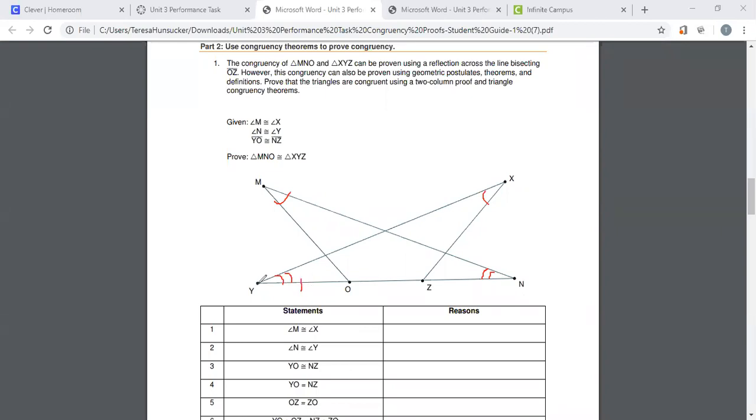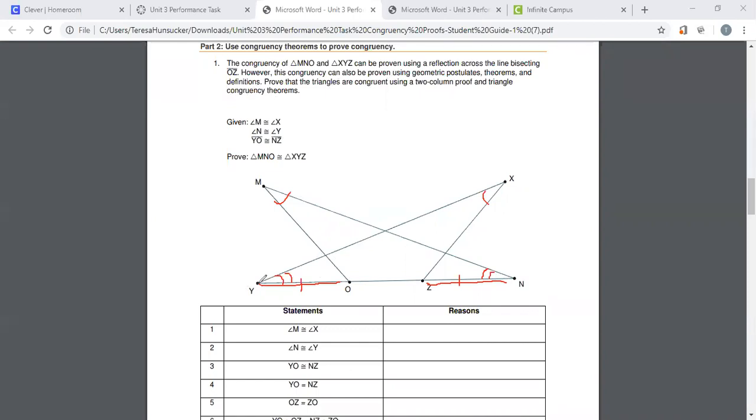So YO is just this little part right here, and NZ is this part right here. Remember, we have the whole side of each triangle.